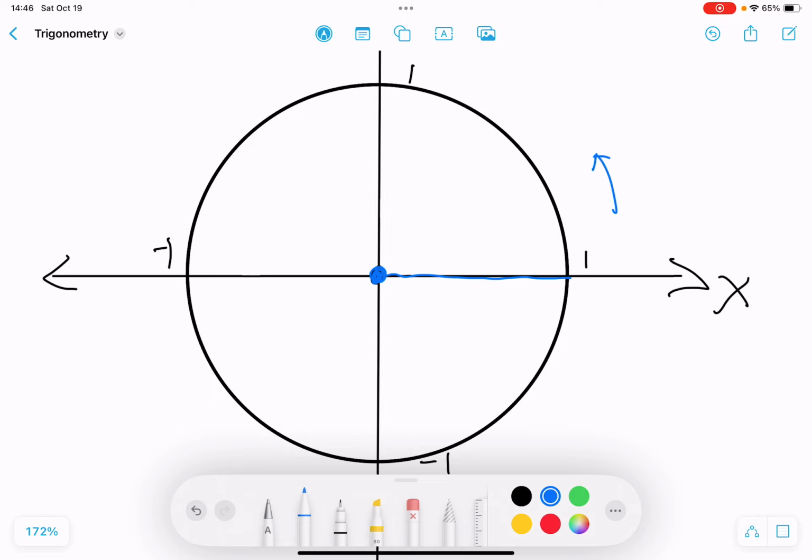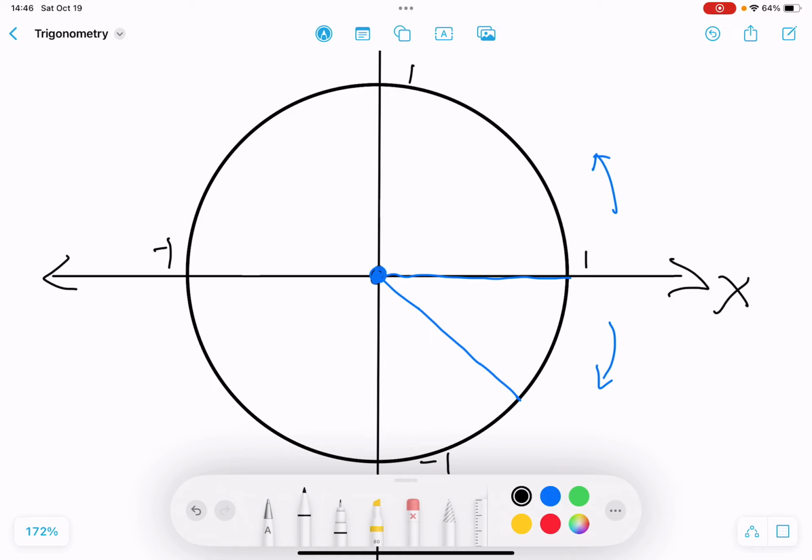And for negative degrees, we go clockwise. For example, this angle would be negative 45 degrees, or negative pi over 4 radians. Yes, negative degrees do exist. Now, however, how do we even work with negative degrees? Like, we've never had this concept in our life before. Well, for most people.